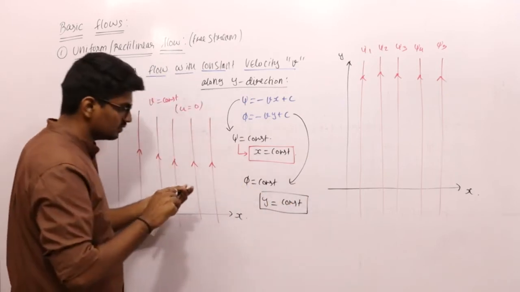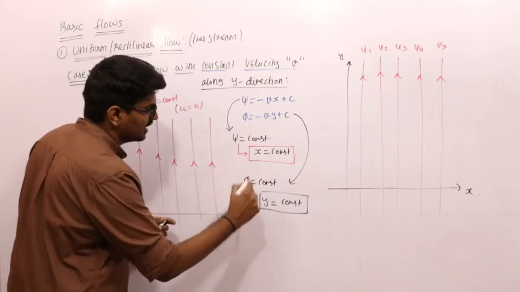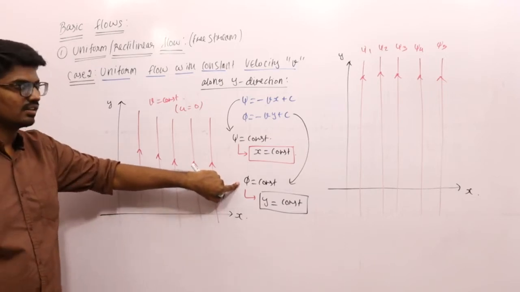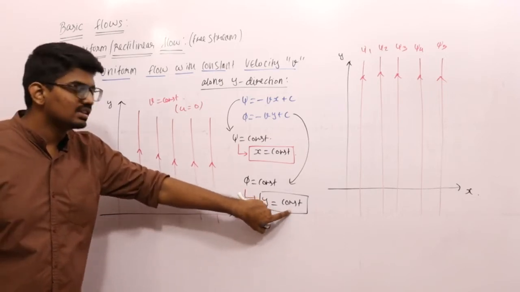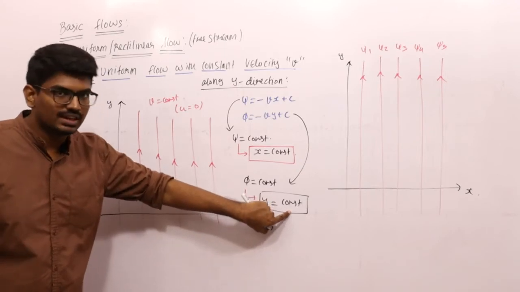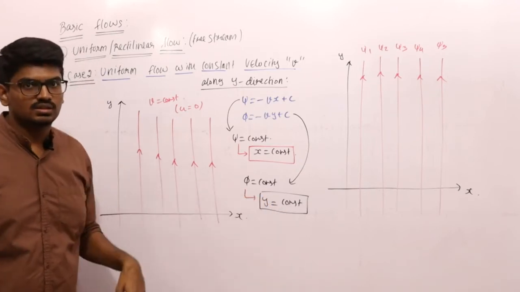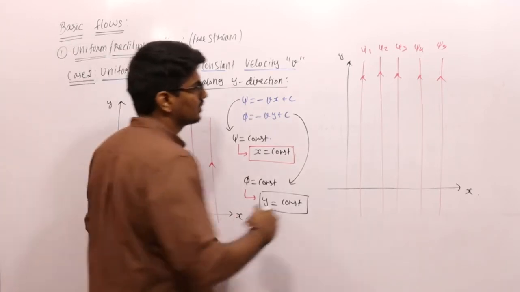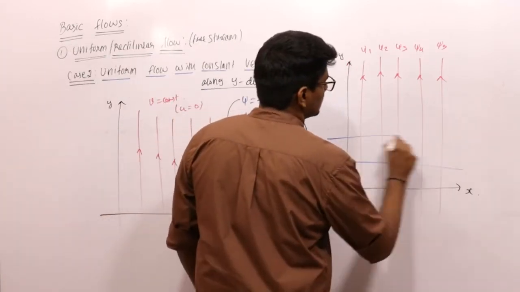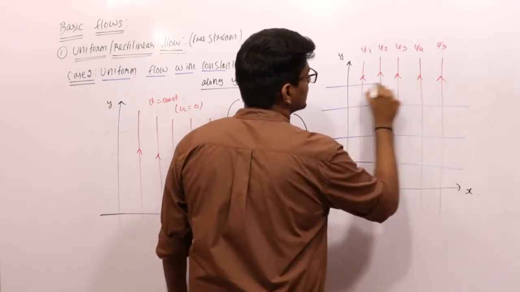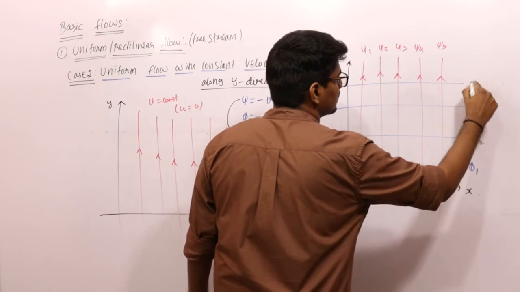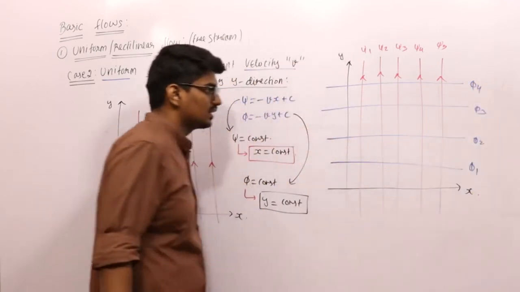This indicates the equipotential line will look like y is equal to constant. The equation of the equipotential line is y is equal to constant. y equal to constant means it is a horizontal line, right? So it looks something like this, and you don't use the arrow mark here. So this is phi 1, phi 2, phi 3, phi 4, etc.